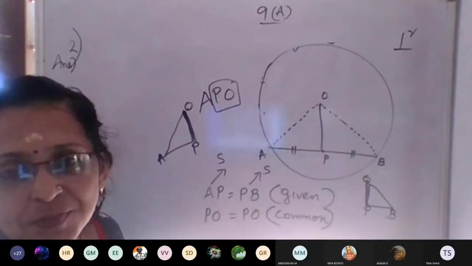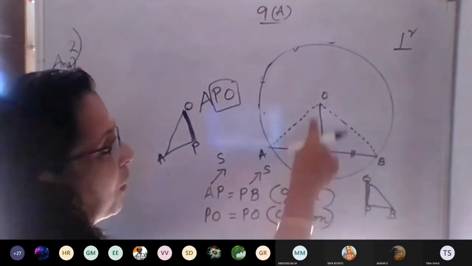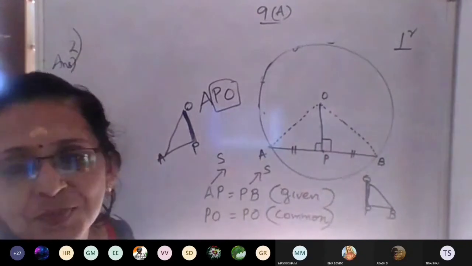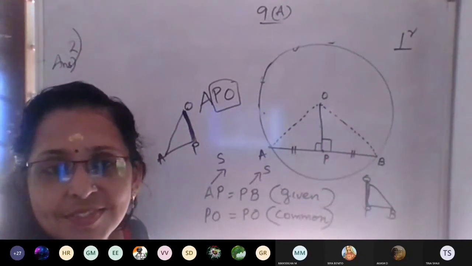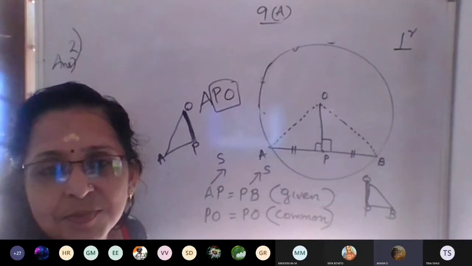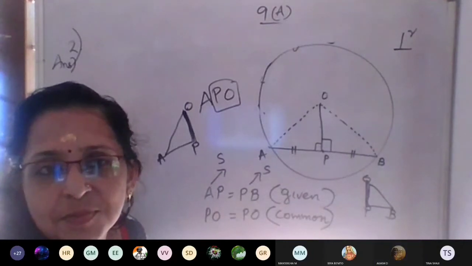Can we say angle P is equal to 90 degrees?